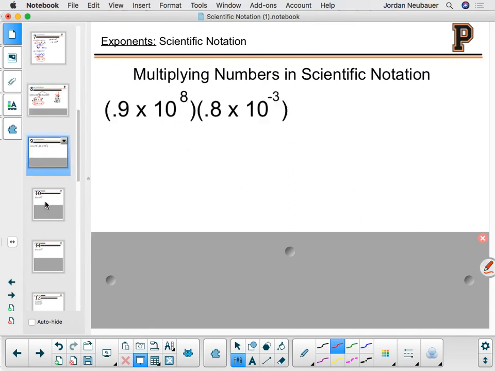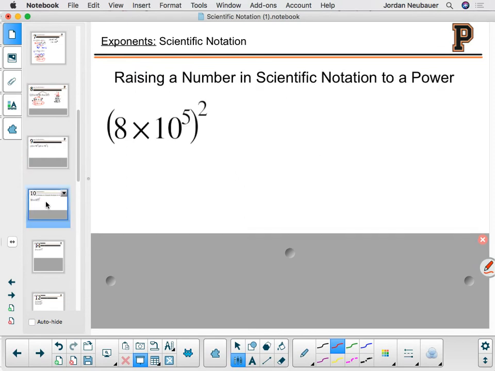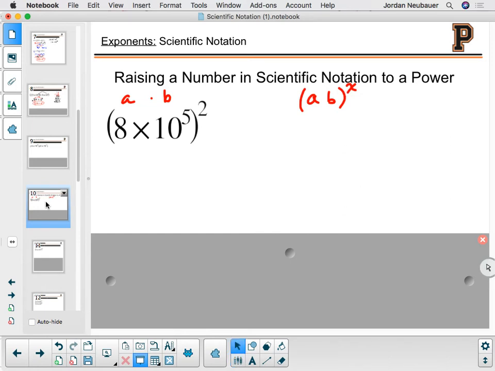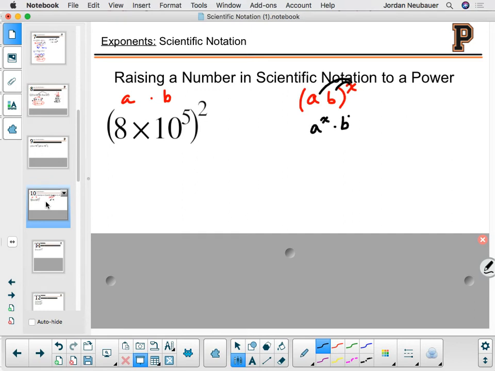I won't go through all of these. You can raise them to a power. If you guys remember this rule, powers of powers, or powers, I guess, technically of products. Here's our A and here is our B. So if you guys remember the rule, A times B to the X power, we did what was similar to the distributive property where the X exponent needs to apply here and here. We got A to the X times B to the X power.